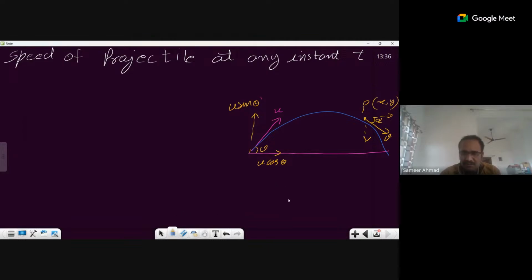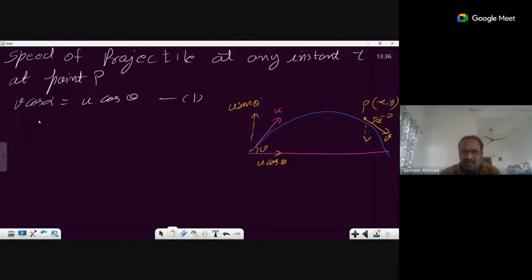So at point P, v cos alpha is equal to u cos theta. From this equation, we can determine a relation between v and u. This is equation number 1.